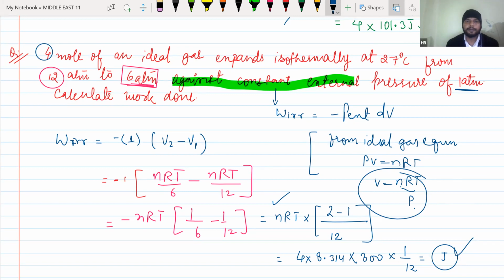Done, everyone? First, recognize what it is, whether it is a reversible process or an irreversible process. There is a very common point: against constant pressure, when constant external pressure is given, that is an irreversible process.